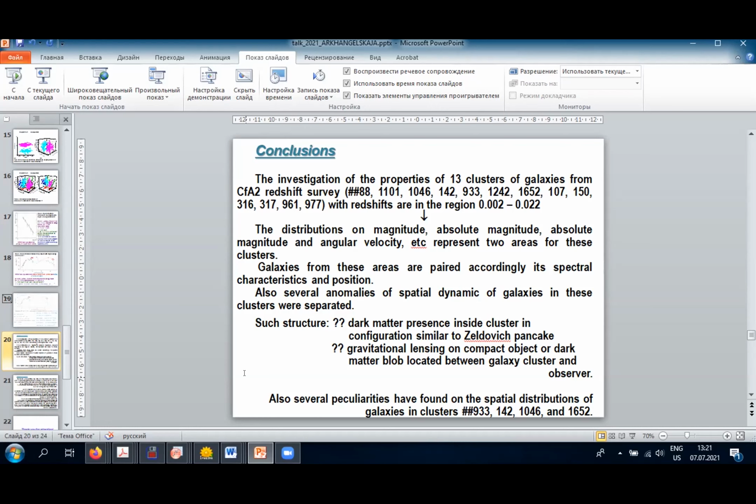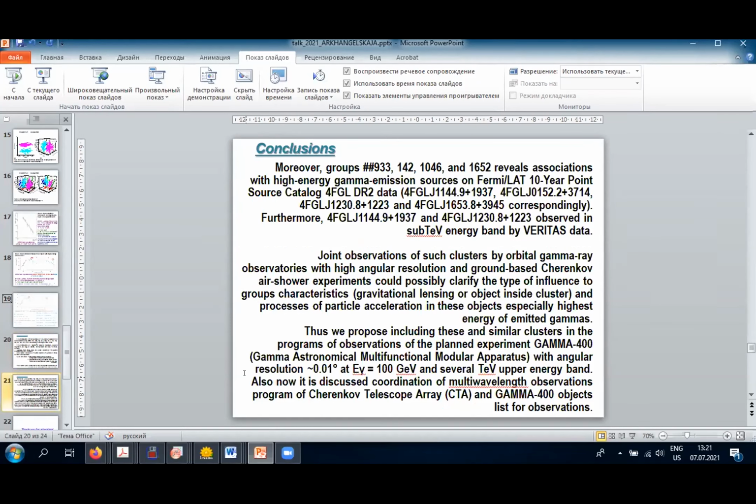Also, it is possible there is a dark matter blob between the galaxy cluster and the observer. Moreover, 4 groups reveal association with high-energy gamma emission sources in the Fermi 10-year point source catalog, and 2 of them were observed in sub-TeV energy by VERITAS data.